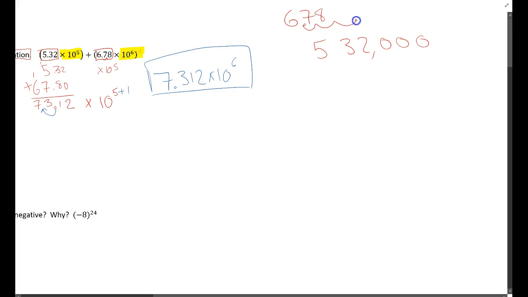That needs to move 1, 2, 3, 4, 5, 6 places, which means that in order to get these to line up, the 7 is actually in line with the 5 and the 8's in line with the 3. It's not like this 6 is in the same place value as the 5. It doesn't work that way. So we need to get them in the same area by doing this subtracting of 1, which then shifts everything over so that we can actually deal with it. Great.